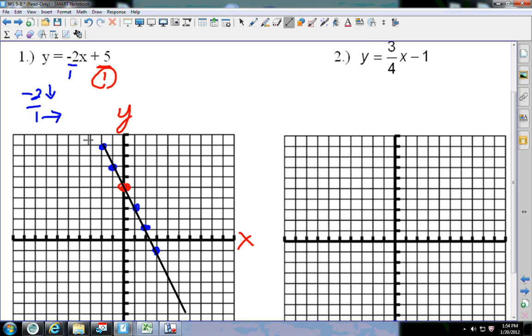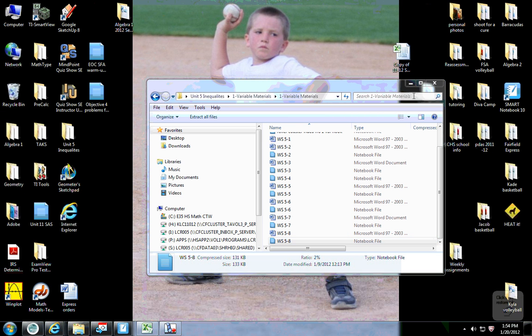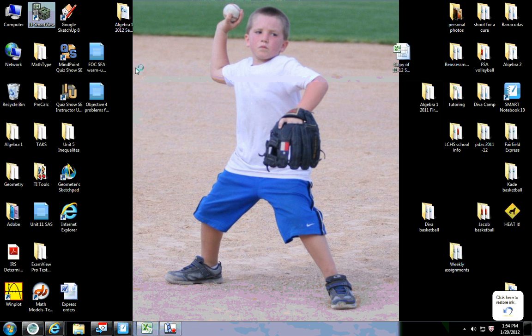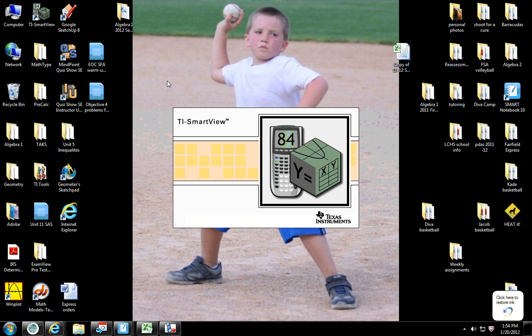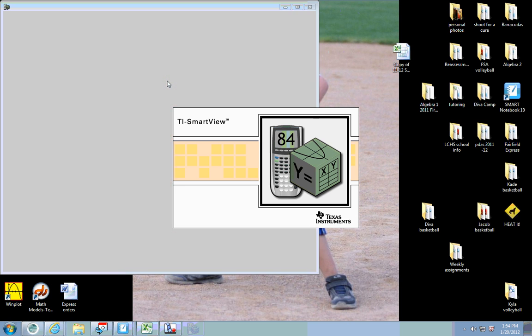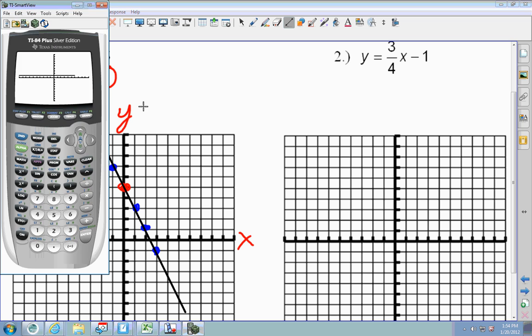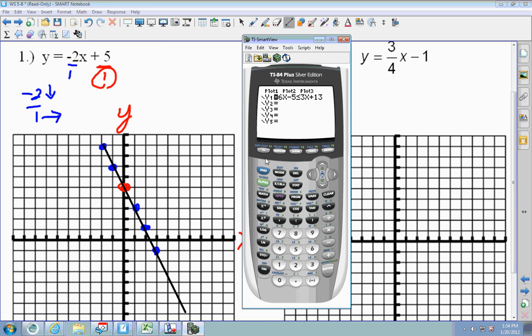Now if you wanted to check it, you could go in your calculator and go to y equals, put in -2x plus 5 and press graph and make sure that it is graphed the same way.